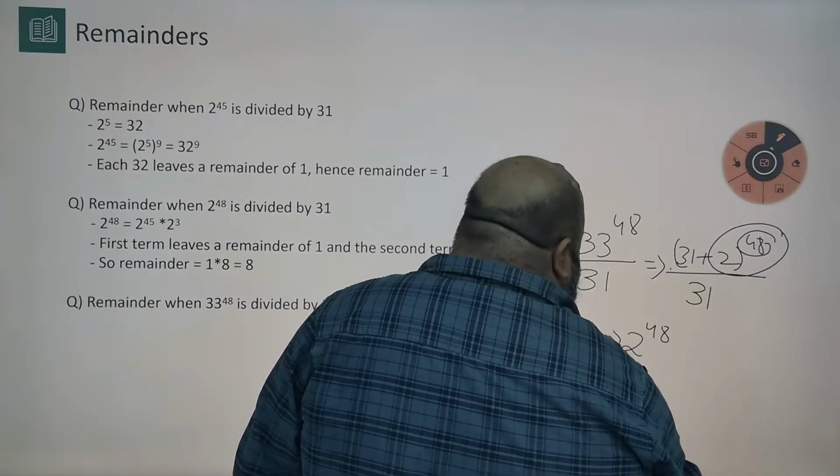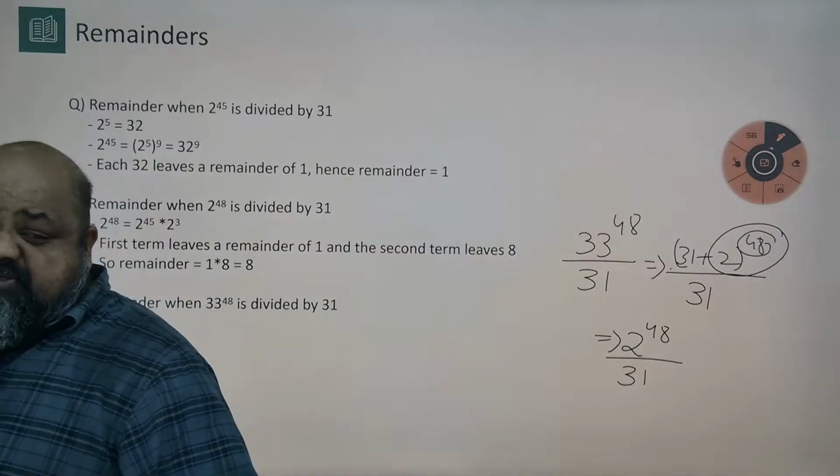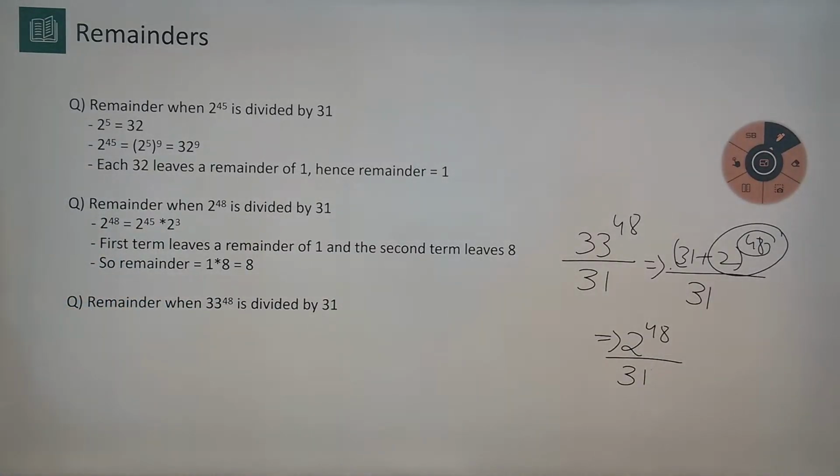अब यार ये 31 से तो बड़ा है, इसको फिर 31 से डिवाइड करो. और ये हम इससे पिछले वाले क्वेश्चन में कर चुके हैं. 2 raised to power 48 when divided by 31 gives me a remainder of 8. The question right before this.